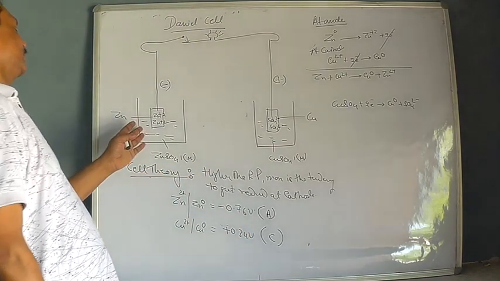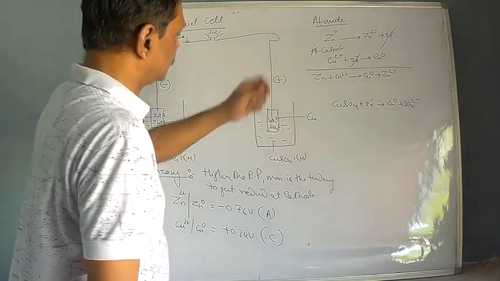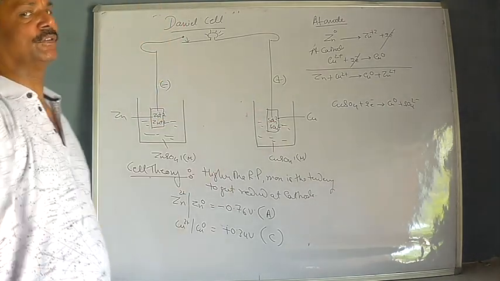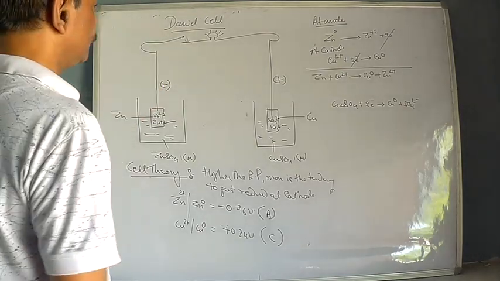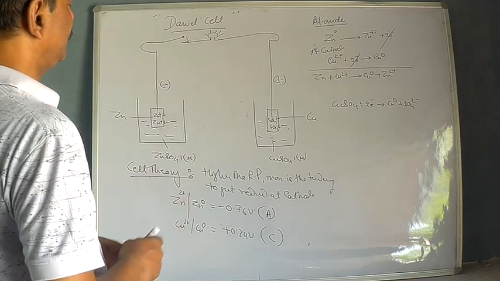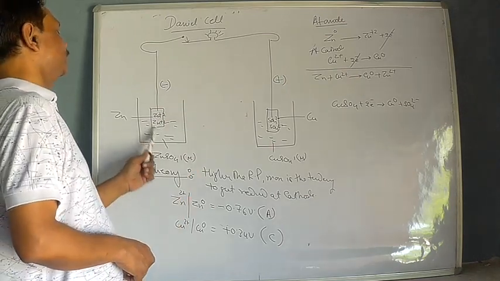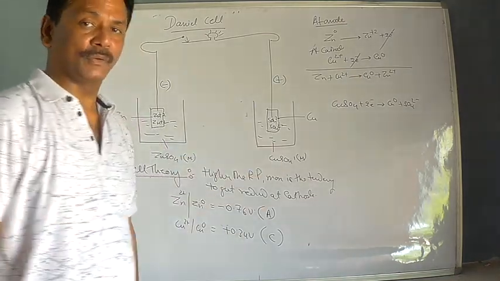So oxidation stops at the anodic plate, reduction stops at the cathodic plate. Therefore, the entire cell reaction stops, and your bulb also stops. So what was the reason that the bulb glowed momentarily? Listen carefully. It is due to extra accumulation of charges on the anodic plate as well as the cathodic plate.